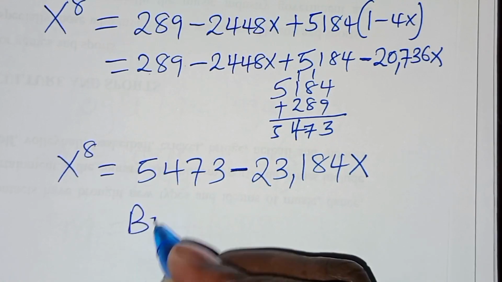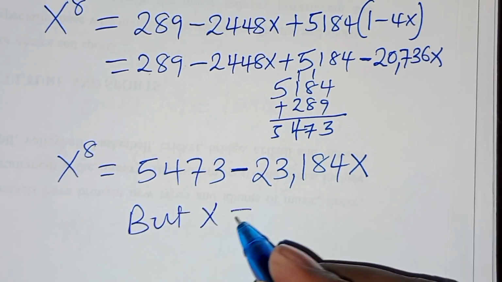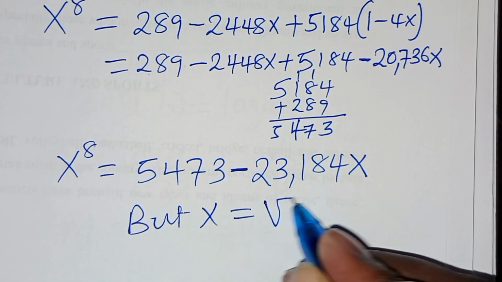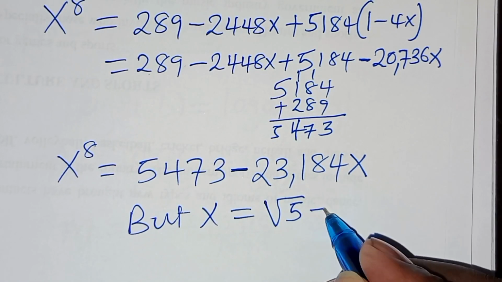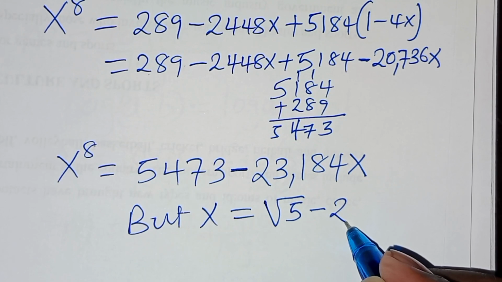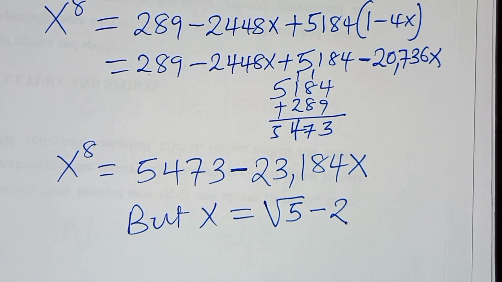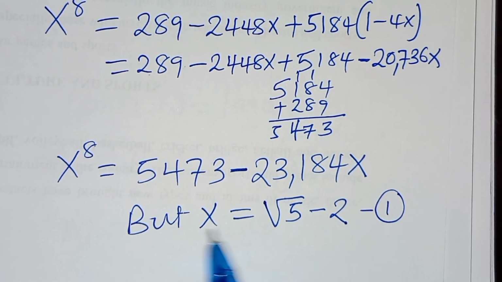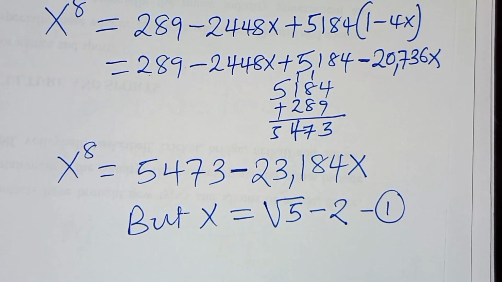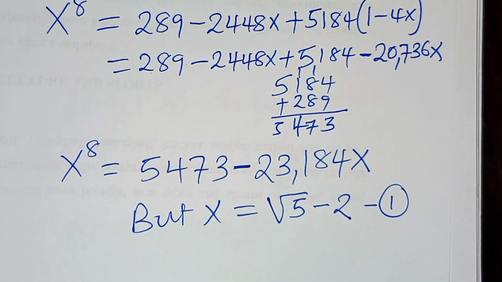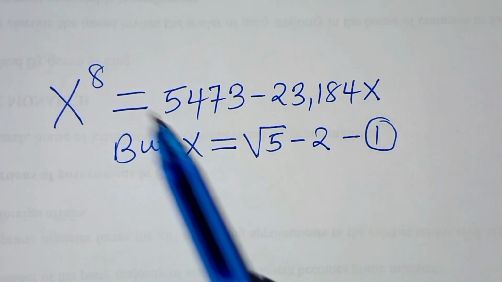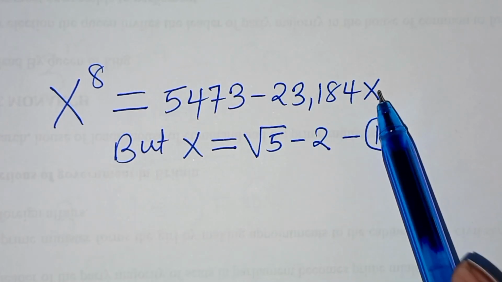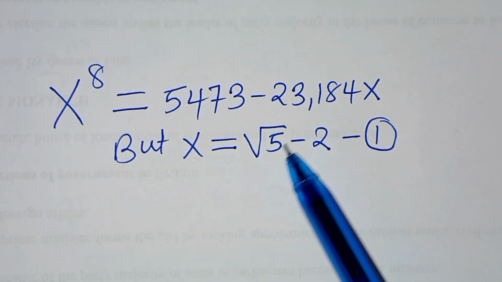Now 23,184x, but x is actually equal to square root of 5 subtract 2. This is from equation 1. So let's substitute here. Now we have that x to the power 8 is equal to 5473 minus 23,184x, but x is equal to square root of 5 minus 2.